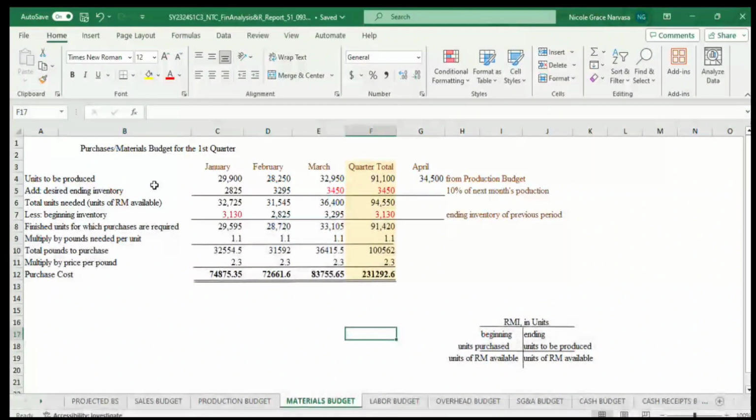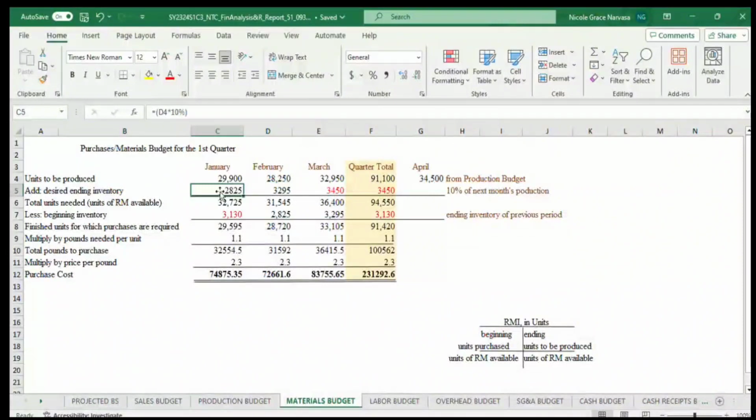So, units to be produced on this is from our production budget. For January, it's 29,900. February, 28,250. March, it's 32,950, with a quarter total of 91,100. So we are going to add the desired ending inventory for this one, which is 10% of next month's production.